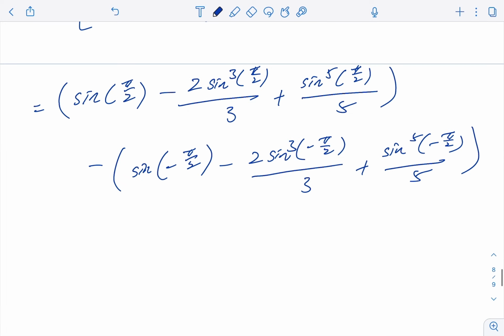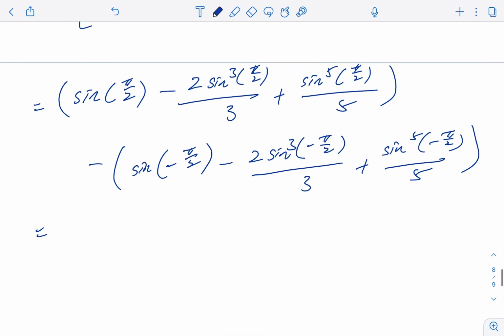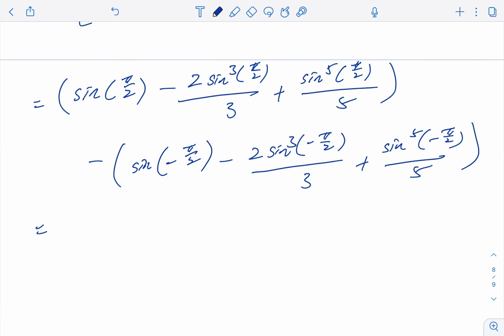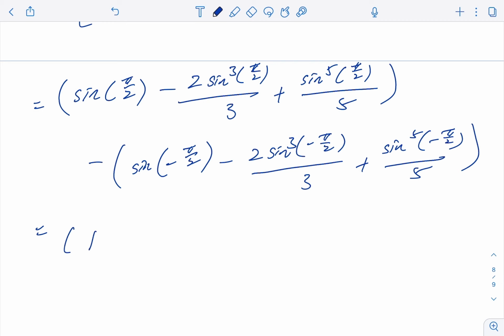Right. So now what do we do here? Sine pi over 2 is 1, so there'll be 1 minus 2 over 3, since sine cubed pi over 2 is also 1. Hold on, let me just use my calculator.